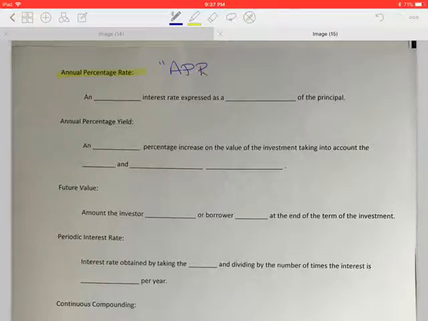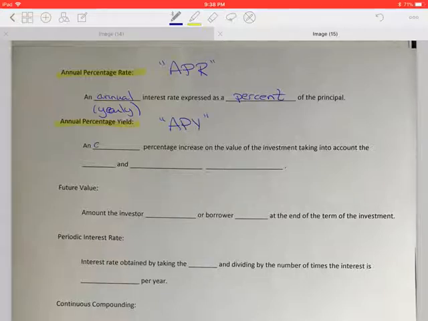So APR is going to be an annual, meaning yearly, interest rate expressed as a percent of the principal. This is a little bit different from annual percentage yield, which is APY, and that's one you may have also heard of.